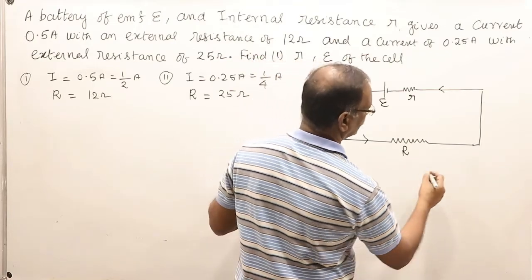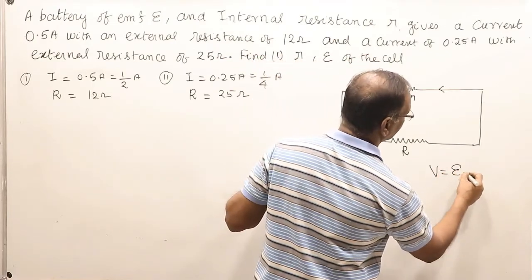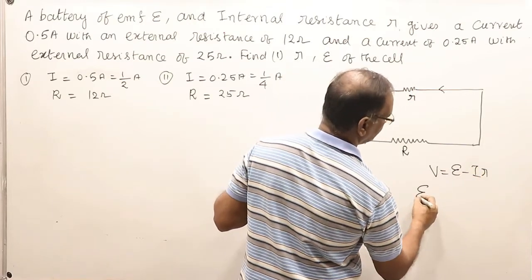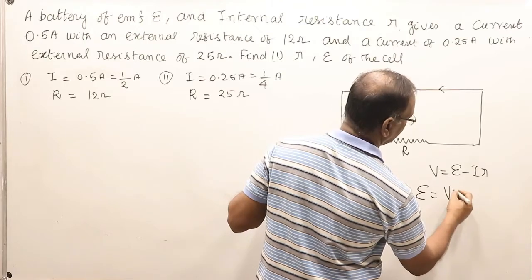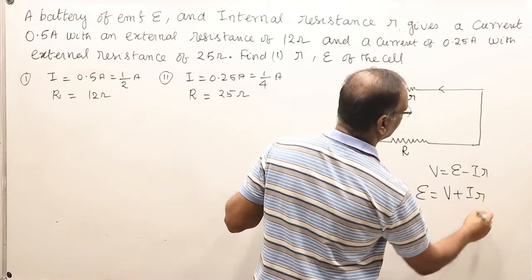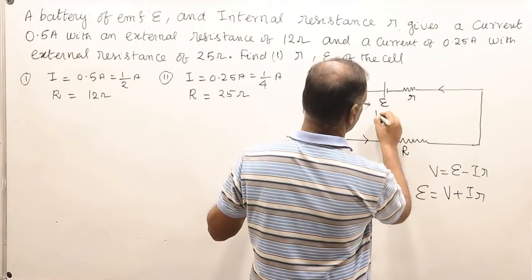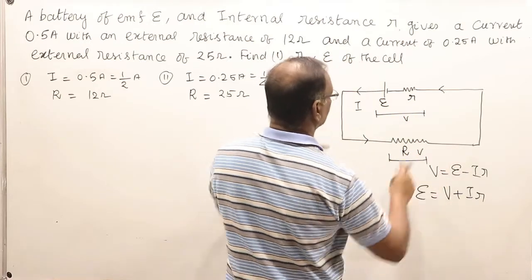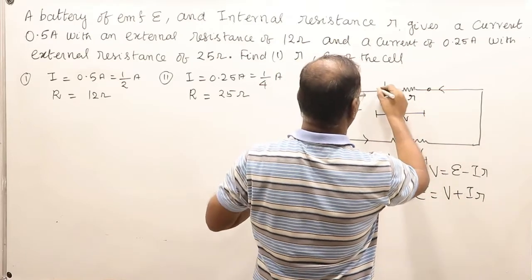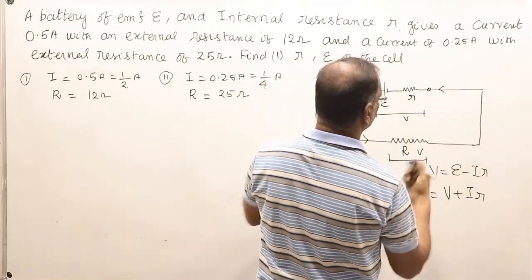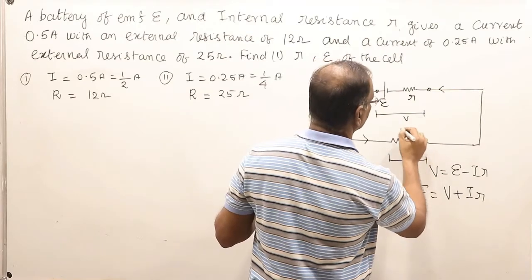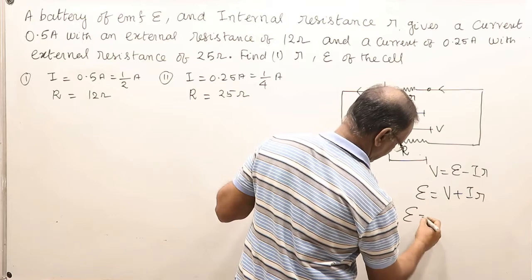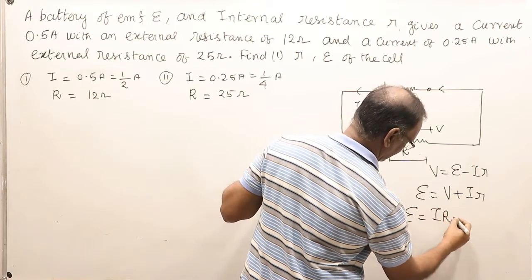So we know V is equal to EMF minus internal drop, or we can write EMF is equal to V plus I into r. This V is the terminal potential. Why? Because of the same potential drop, the potential across this point is also the same.